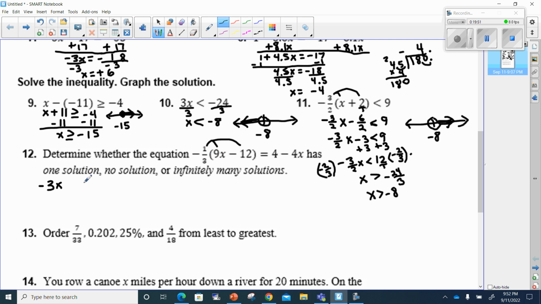A negative times a negative is a positive. 1 times 12 is 12, and 3 times 1 will be 3. 12 divided by 3 is 4, so that would be a 4. And this would be equal to 4, what we have over here, minus 4x.